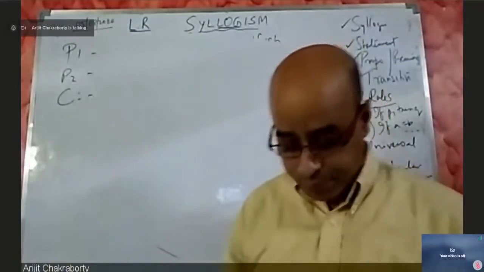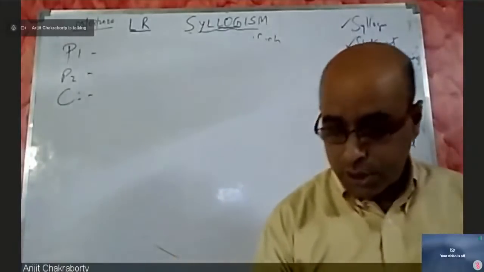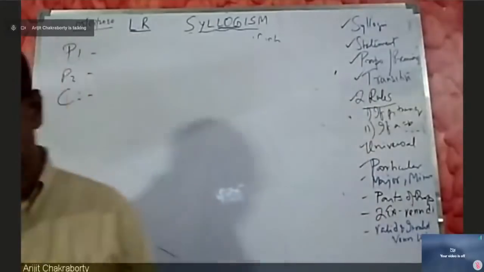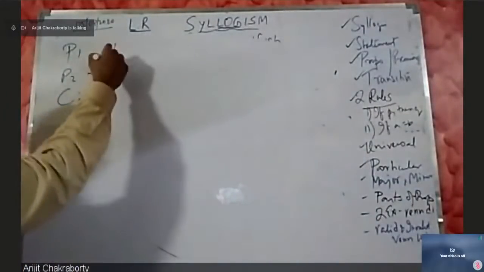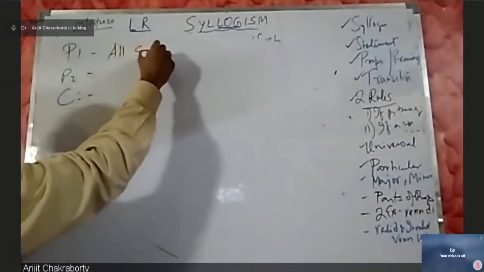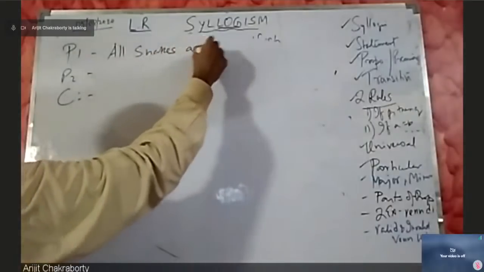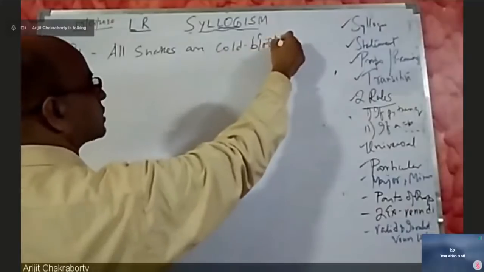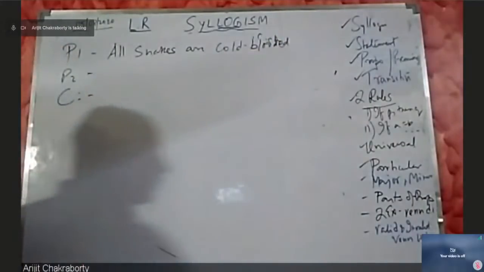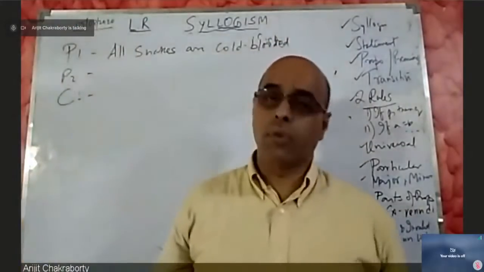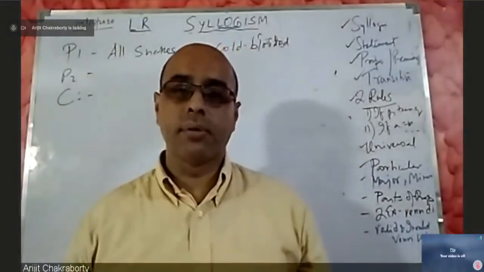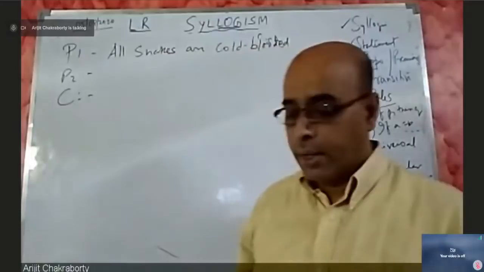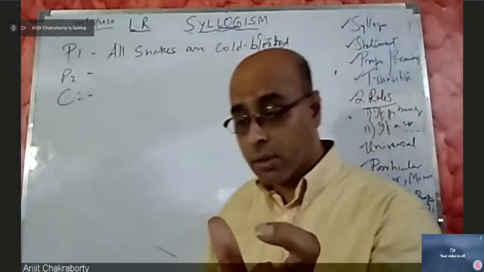Now we take two premises and one conclusion. The first is all snakes are cold-blooded. First premise, please note it starts with all, so it is a universal proposition. It's a major premise. Next one is all snails are also cold-blooded.